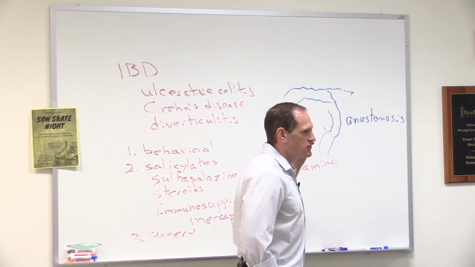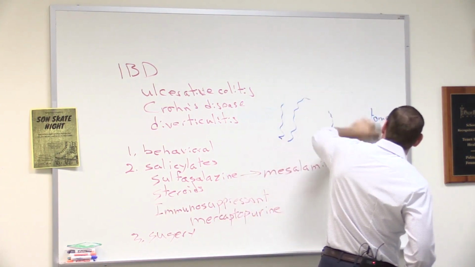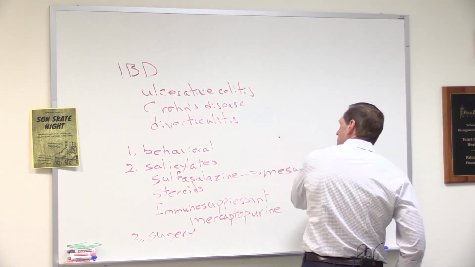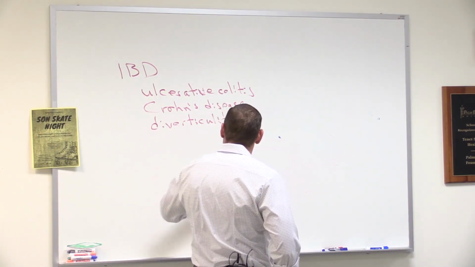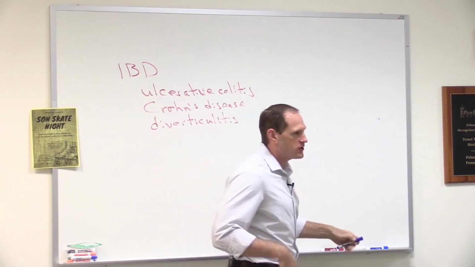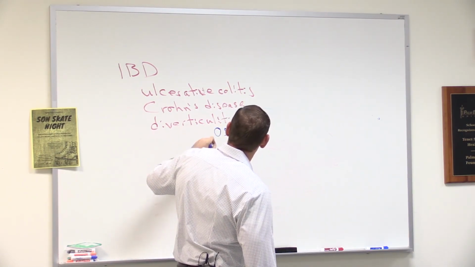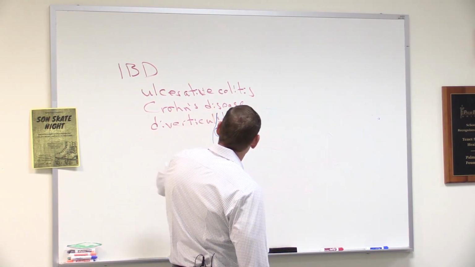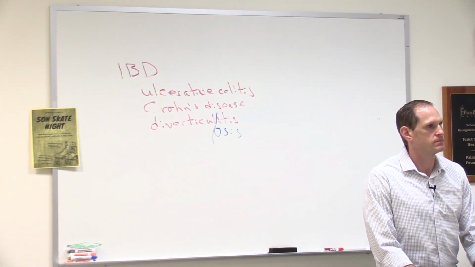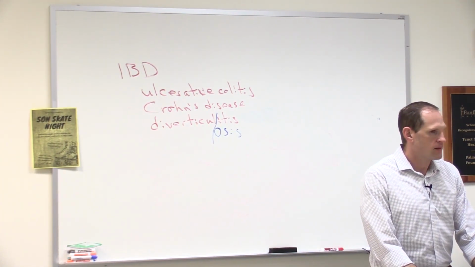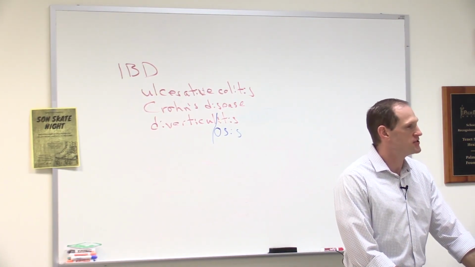All right. Any questions about ulcerative colitis or Crohn's disease? All right. Next, we have what are called diverticulitis. Now, there are two related terms here. The first one is diverticulosis versus diverticulitis. So what's the difference? Itis is inflammation and osis is presence of.